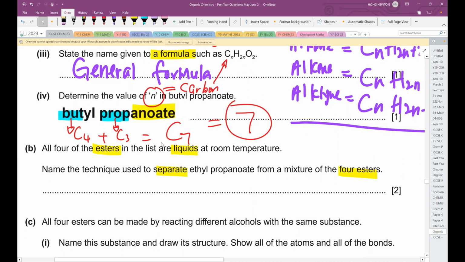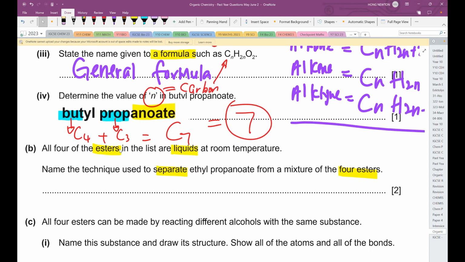Yes, because why? Because they say the ester here is in liquid form. So how to separate? Because ester will contain alcohol and also the carboxylic acid, right? No point using cracking, because in cracking, as we already studied, they're using high temperature and high pressure.